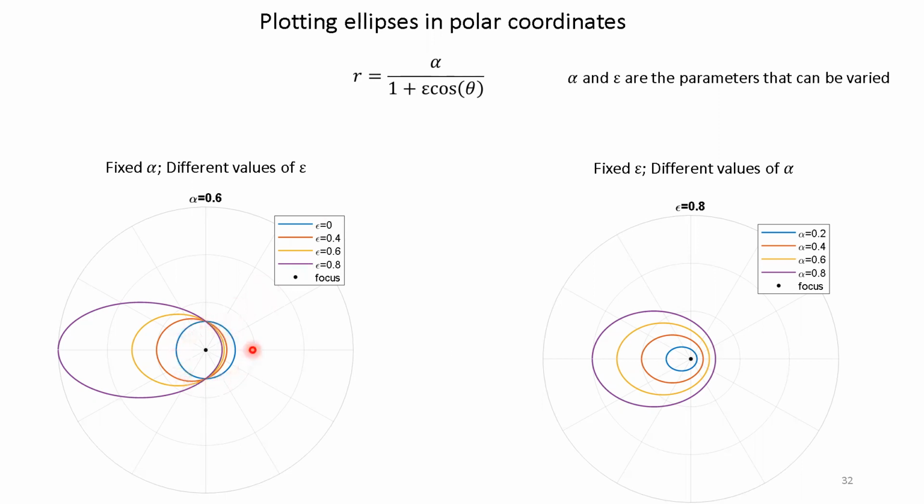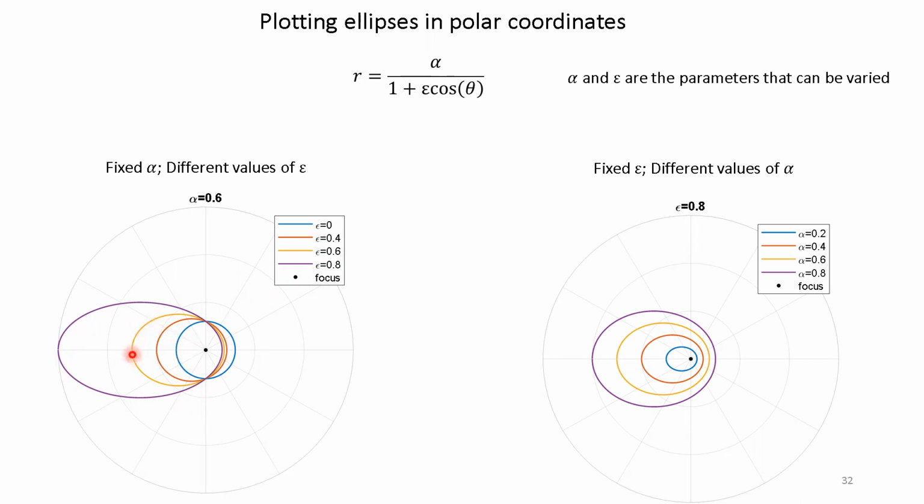So this is a circle centered at this origin. Then I have some finite epsilon, 0.4, which is this one over here, and then 0.6, and 0.8.